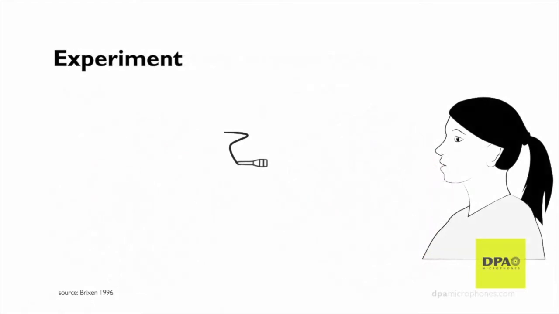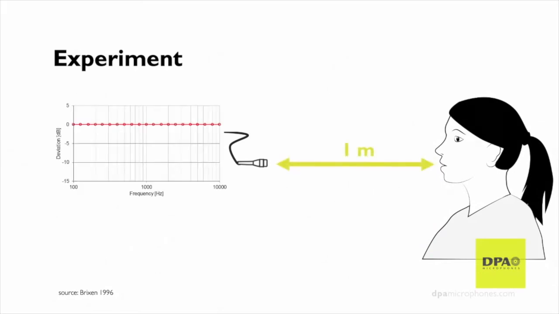So an experiment we did was that we put a microphone 1 meter away and we listened to this microphone. That was our reference, so you can consider that as the 0. Everything we hear is in reference to this microphone 1 meter away.